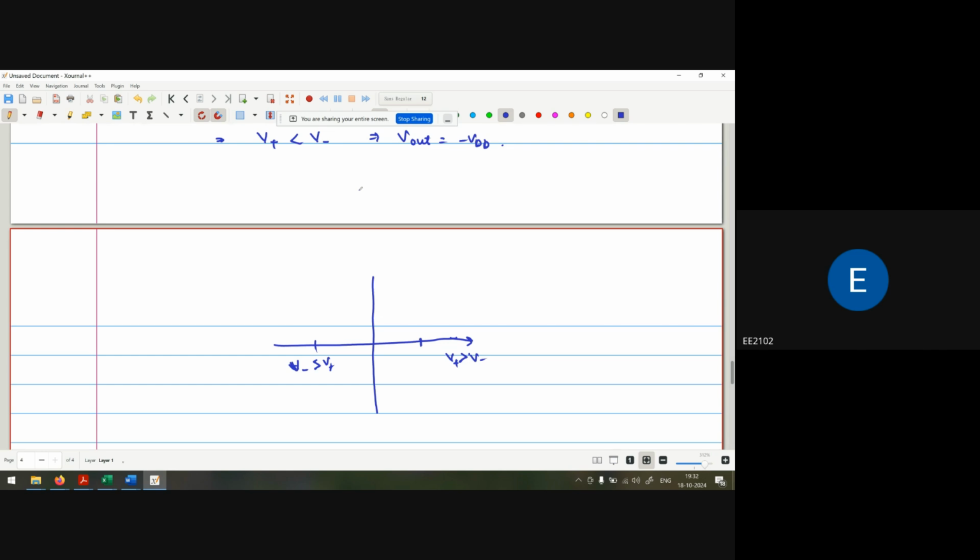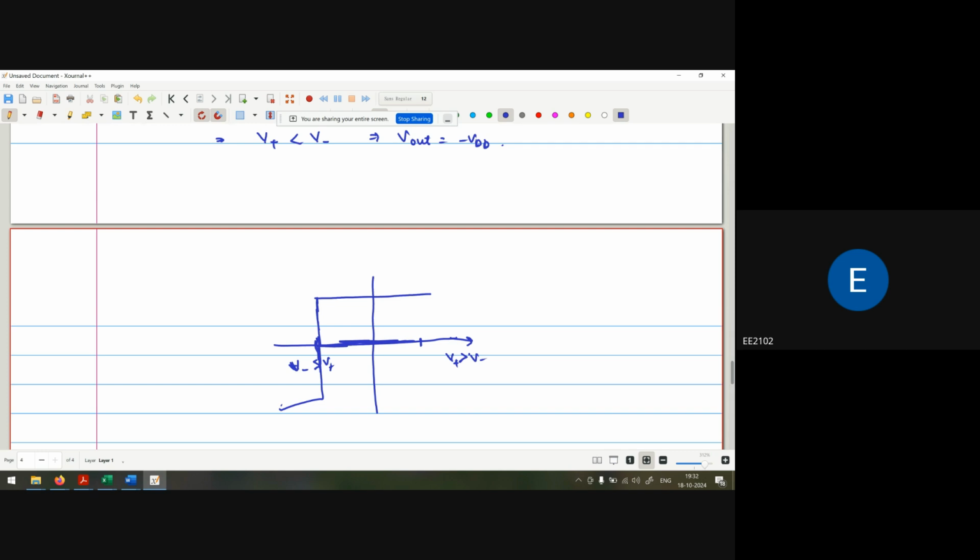Below this point we are getting the positive, and after this we are getting the negative.